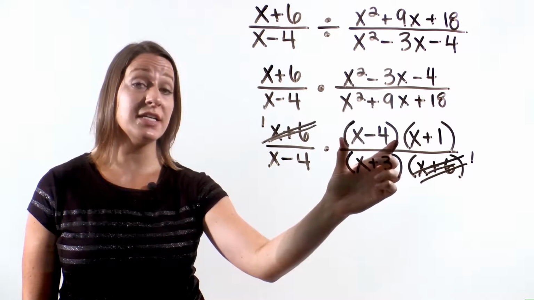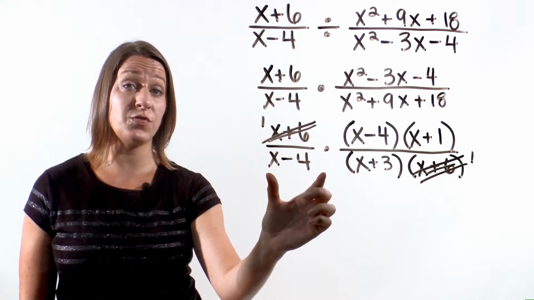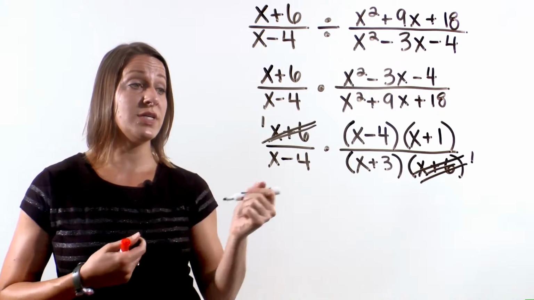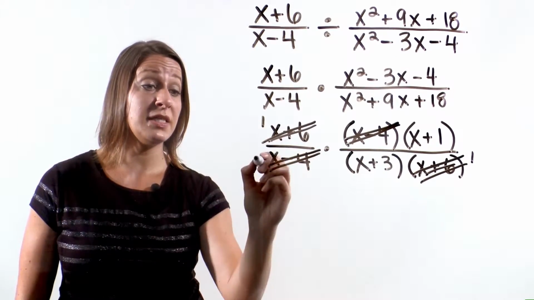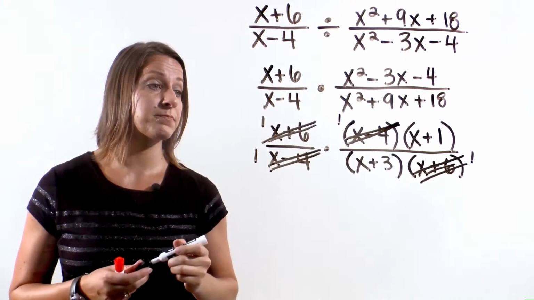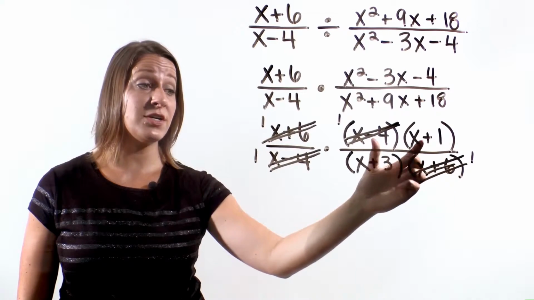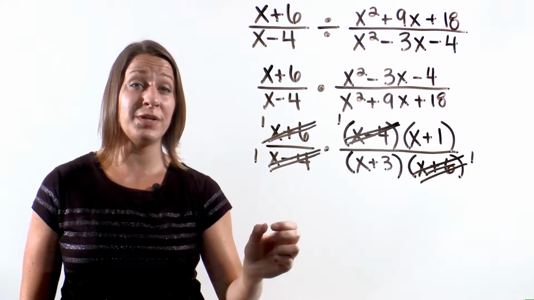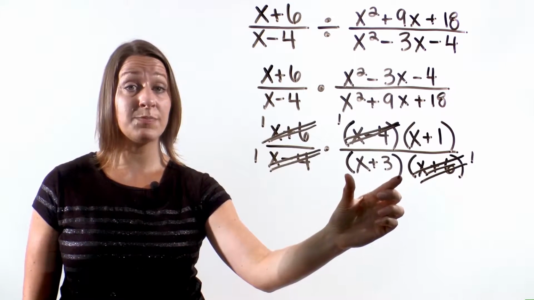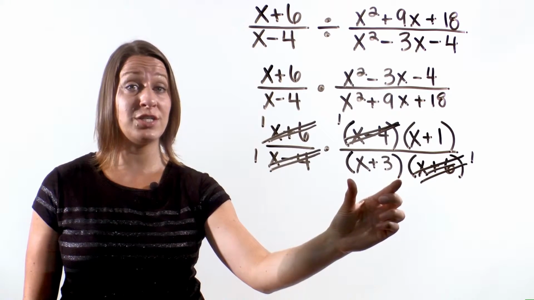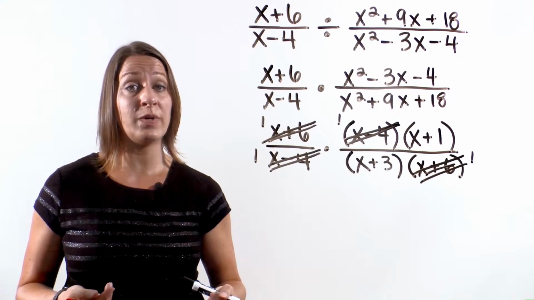We have an x minus 4 in the numerator, and we have a matching x minus 4 in the denominator. So we can cancel those two terms, leaving behind 1s. We do have a binomial x plus 1, but there is not a matching x plus 1 in either denominator. And same with the x plus 3, there's not a matching binomial in either numerator. So we cannot cancel these two binomials.